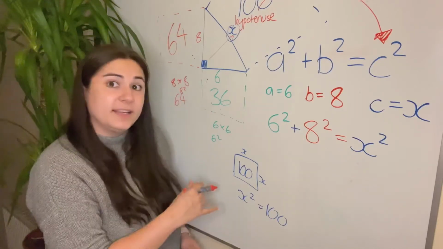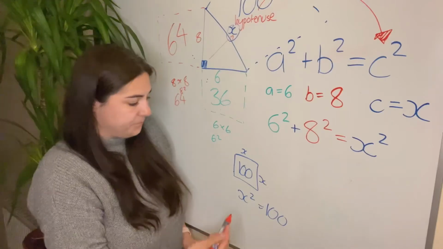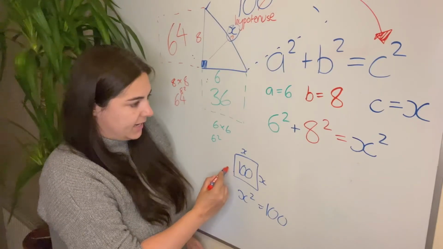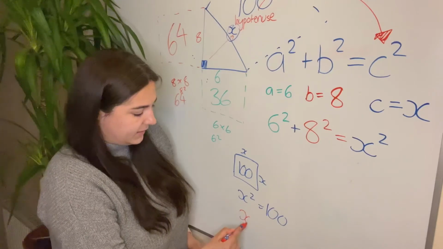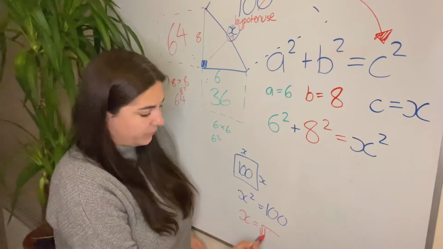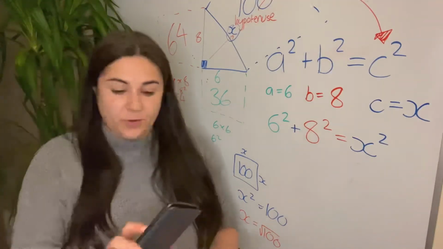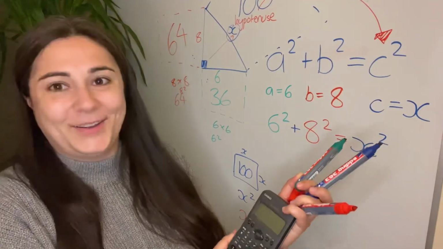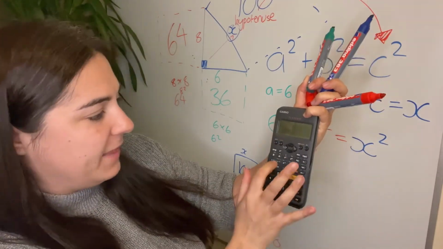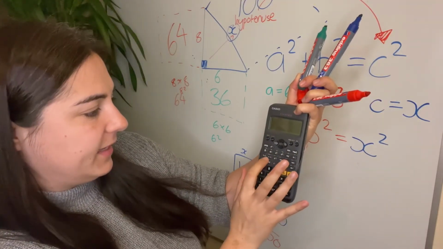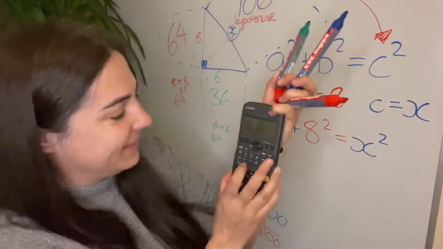So the inverse of squaring something is square rooting it. So if you had x squared is 100, you could say x is the square root of 100. And I'll show you quickly how you can do that on your calculator. So when you've got your calculator, you just press that button there.